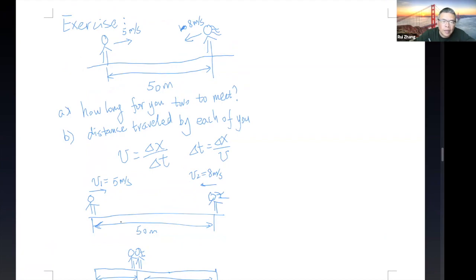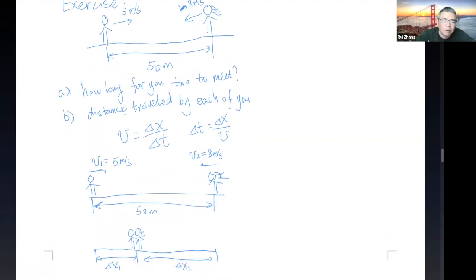Strictly speaking, because they're in opposite directions, one of them should be negative. But in this case, we don't care about direction, we only care about distance. So the absolute values of these velocities are 5 and 8.